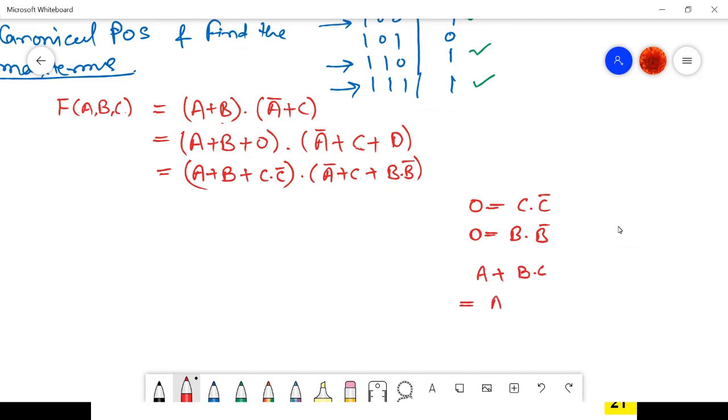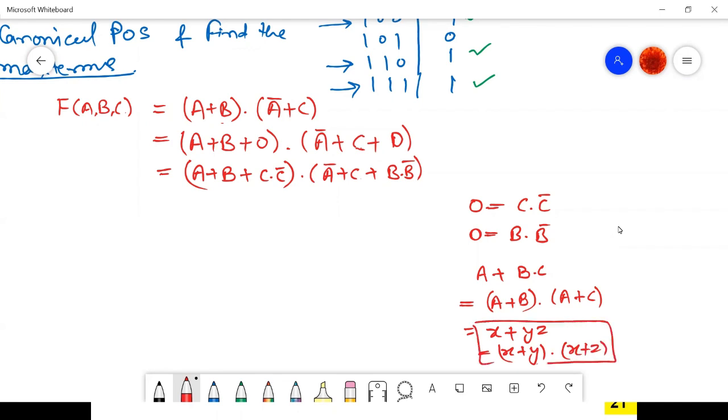A plus B dot A plus C. Second form of the distributive law. Yes, Hanadi, it is like what you said: X plus YZ could be written as X plus Y dot X plus Z. Correct? Did you get the point, what I'm trying to say now?